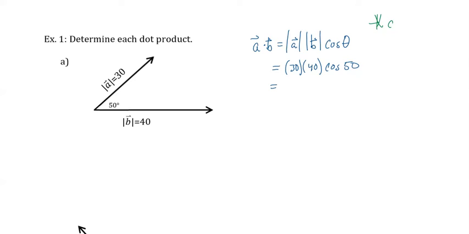Okay, I want you to try this one on your own. So get out your calculator if you didn't already. I mean, this is so easy, right? You're multiplying 3 numbers together, my gosh.